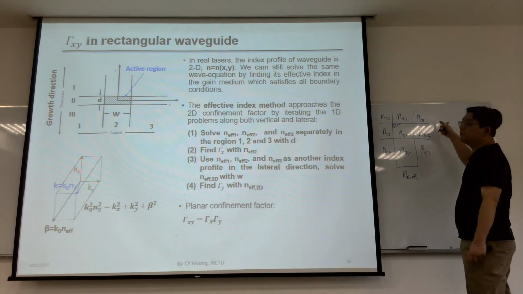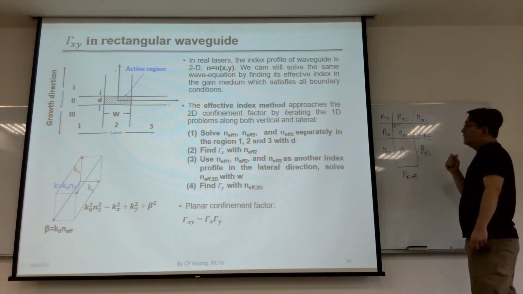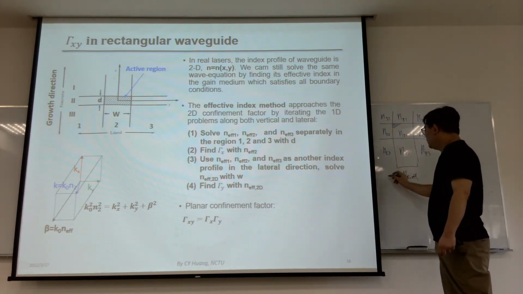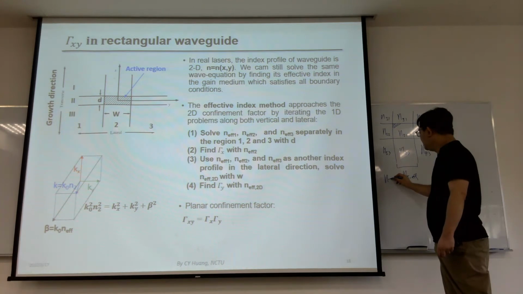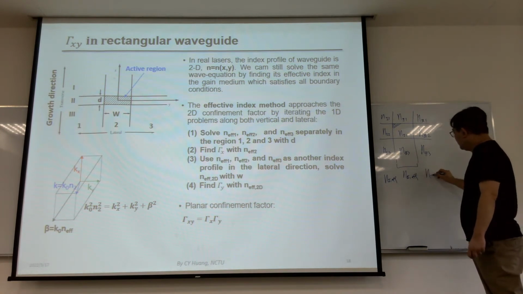Surely you can also do the same thing with this part and this part. So with these three numbers, you will get an N1eff and another N3eff.